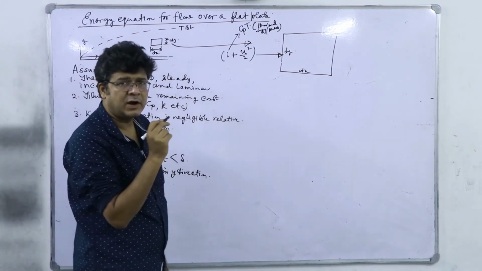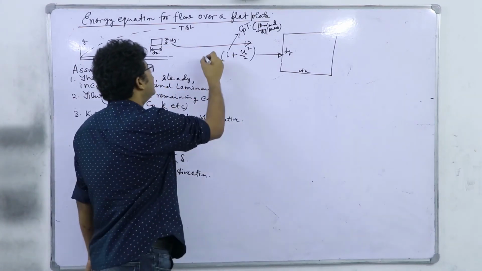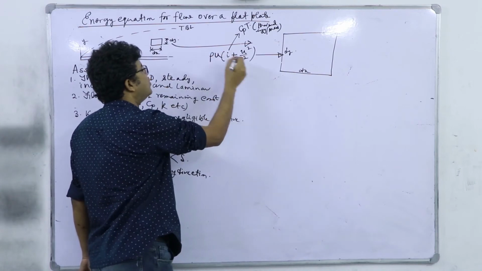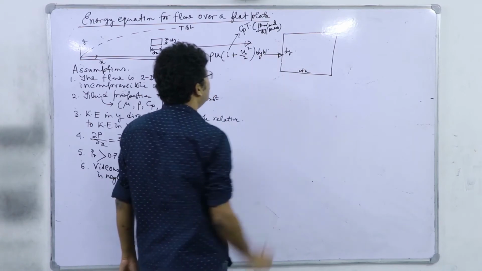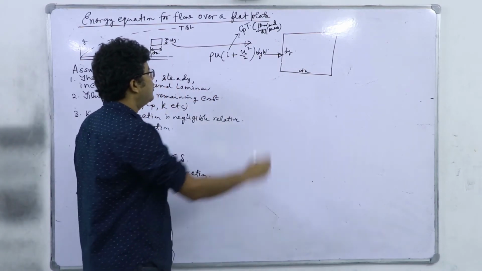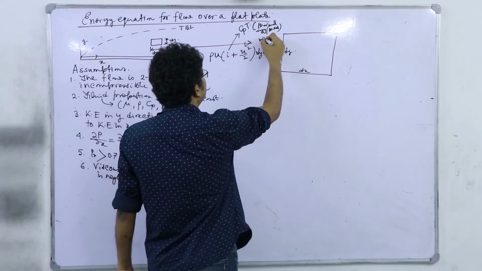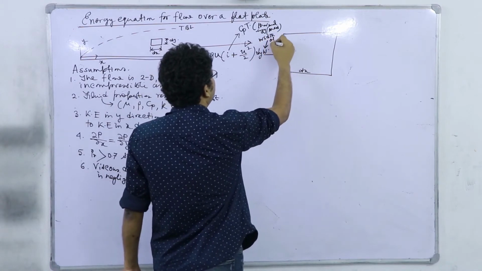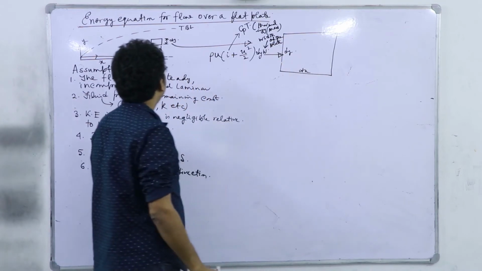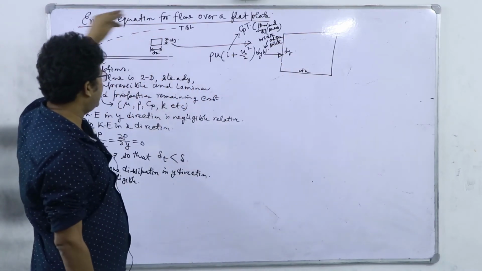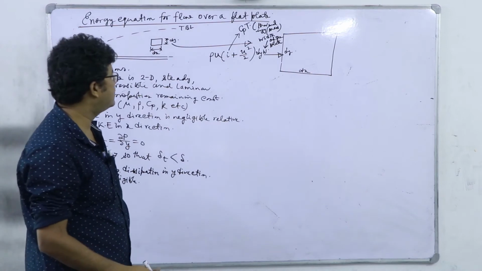So that is to be multiplied by the mass flow rate. So it is rho into u into area. Area will be dy into w, where w is the width of the plate. And actually this control volume stretched over the entire width of the plate.